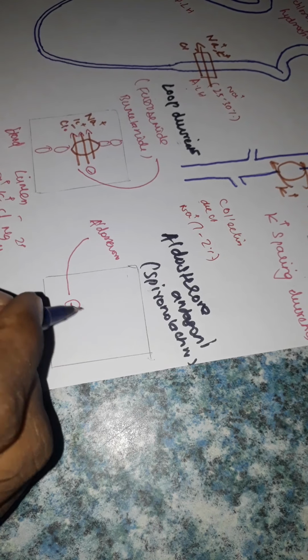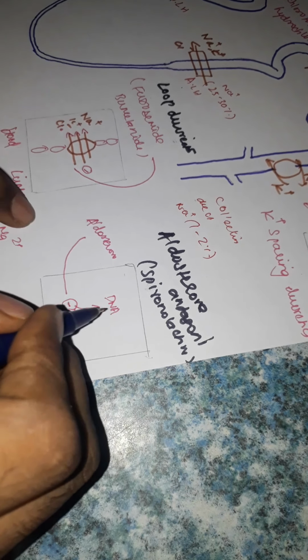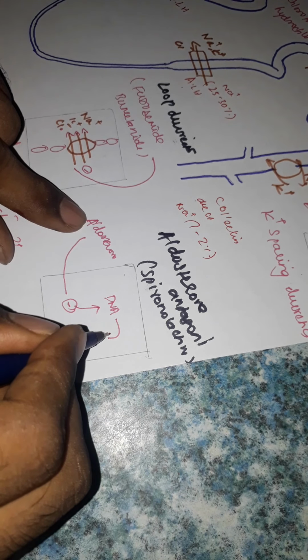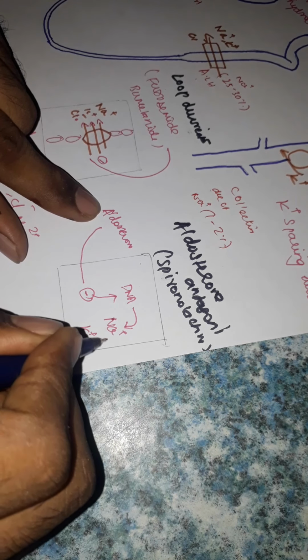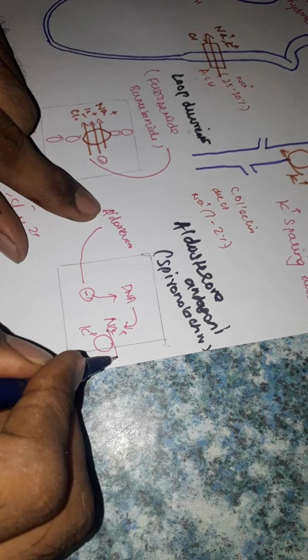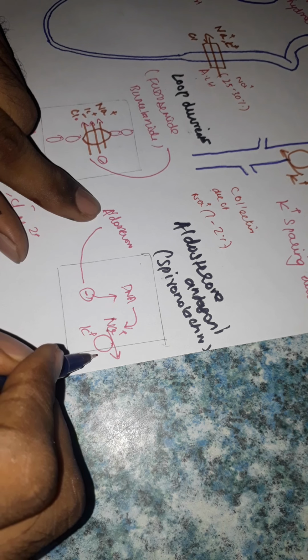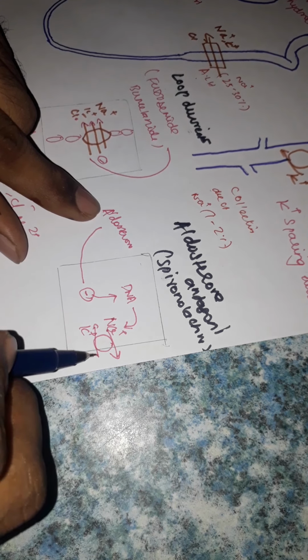This receptor is taken to the DNA, which sends signals to the mRNA, and it results in formation of a sodium potassium transporter. As a result, sodium is reabsorbed and potassium is excreted.